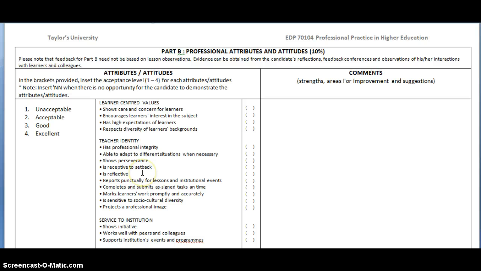And then reports punctually for lessons and institutional events. In case you are late, please do apologize to the students. Okay, then completes and submits assigned tasks on time, marks learners' work promptly and accurately, is sensitive to socio-cultural diversity, projects a professional image.